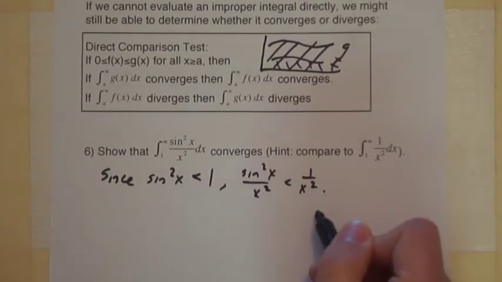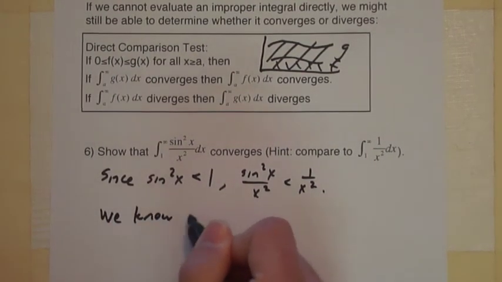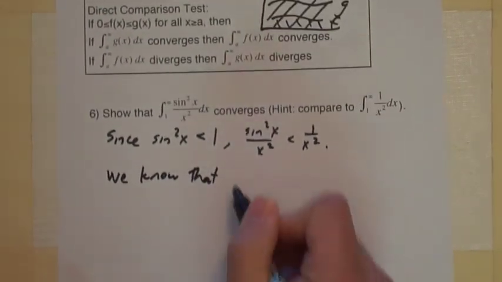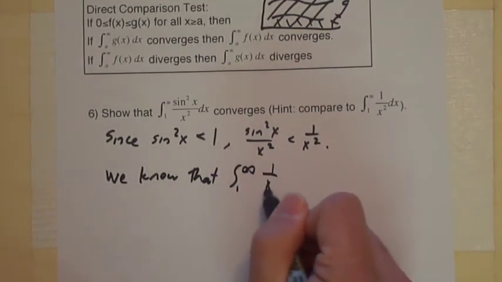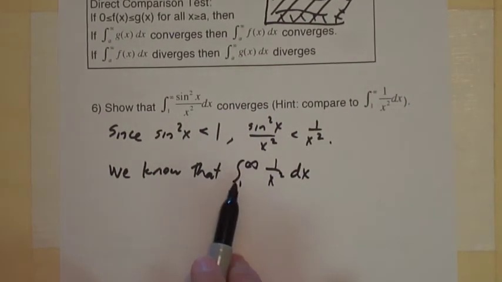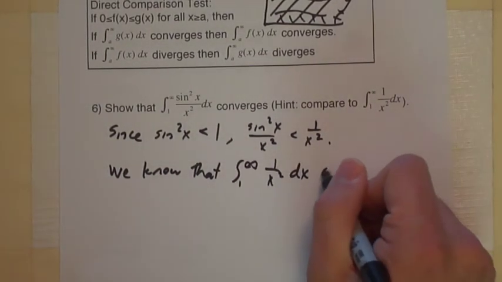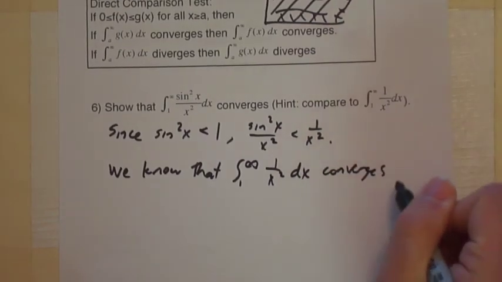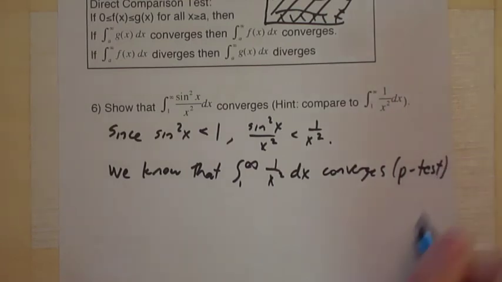So we know that this thing, the simpler version, 1 over x squared, converges by the p-test.